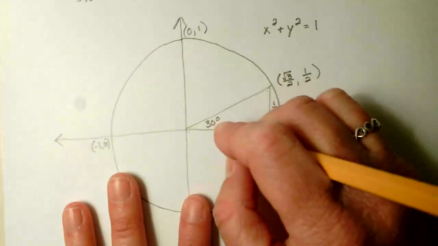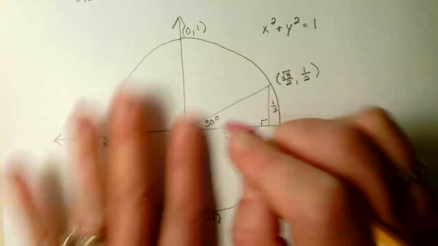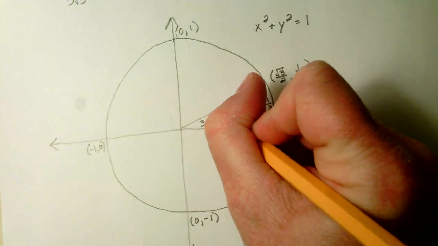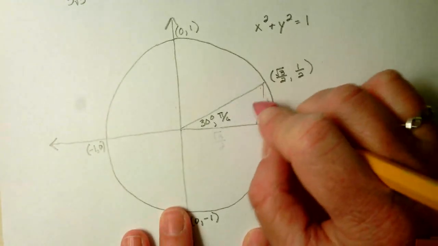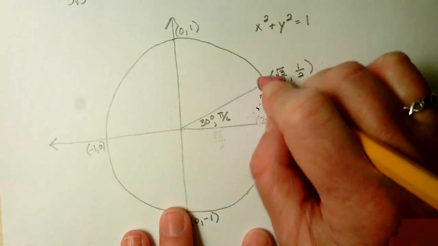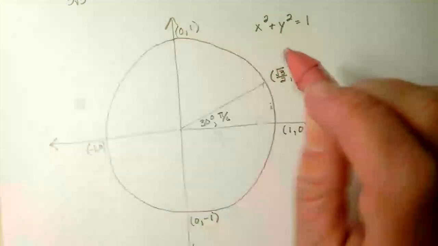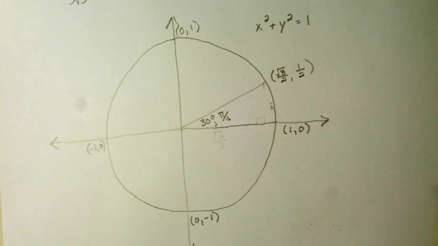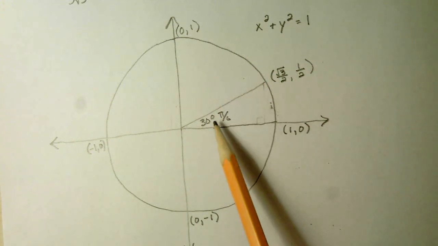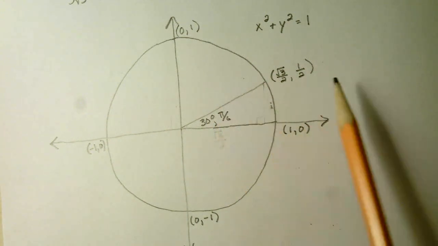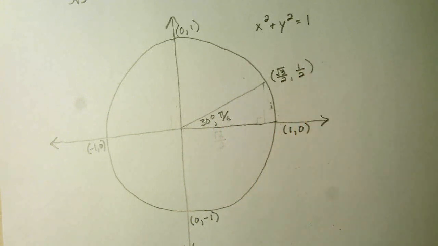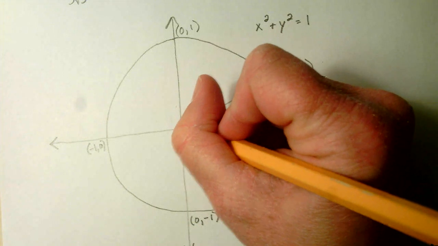Hopefully you've been working on your radian measure, but 30 degrees is also equivalent to pi over 6. So I'm going to erase my triangle. For angle measure 30 degrees and pi over 6, that's going to correspond to the point square root of 3 over 2 and 1/2.